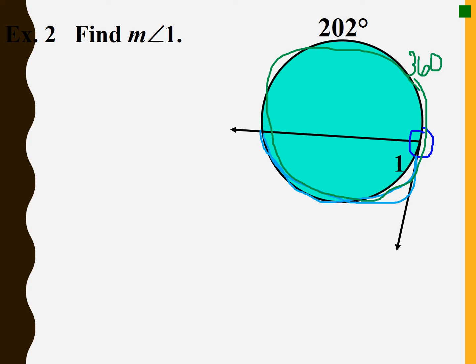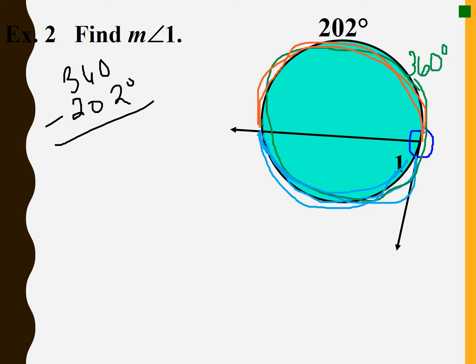And together, the arc that is 202, this arc right here, and our arc that we need to find together equal 360. So if together they equal 360 and we know that one is 202, all we have to do is take 202 and subtract it from 360.